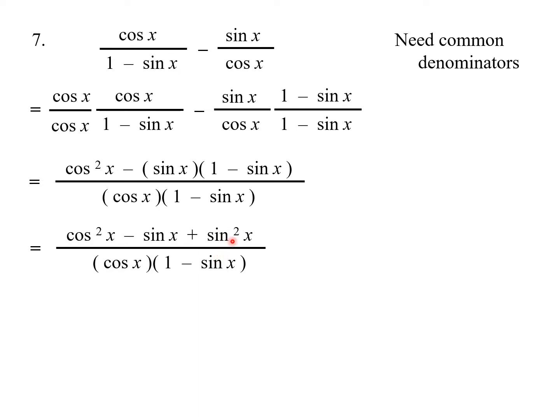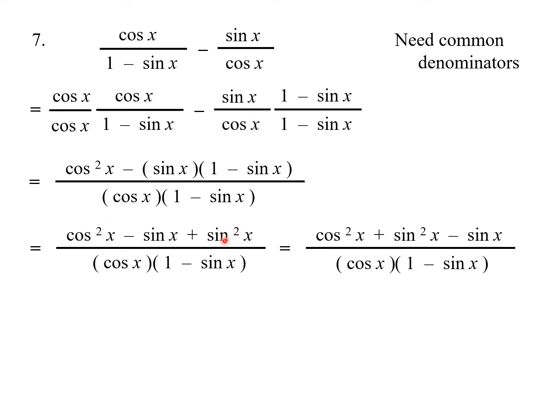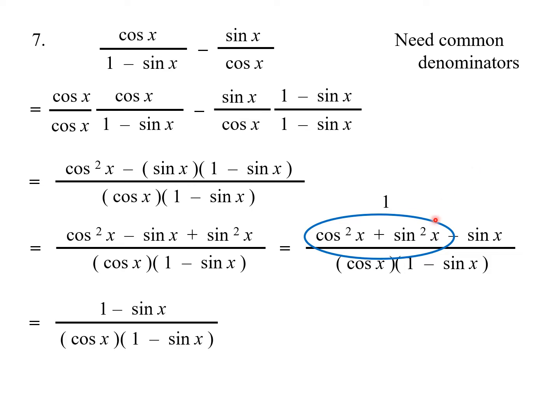And now I recognize cosine squared of x plus sine squared of x. So I'm going to reorder it a little bit, okay? And then remember, cosine squared of x plus sine squared of x is equal to 1. And so that numerator becomes 1 minus sine of x.